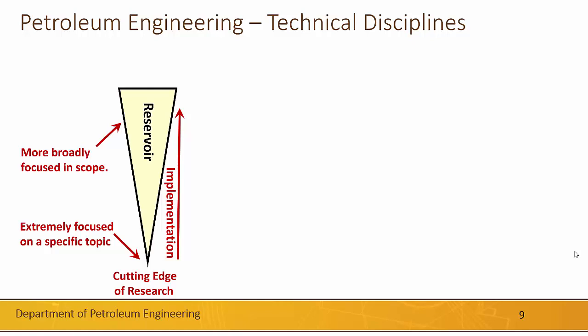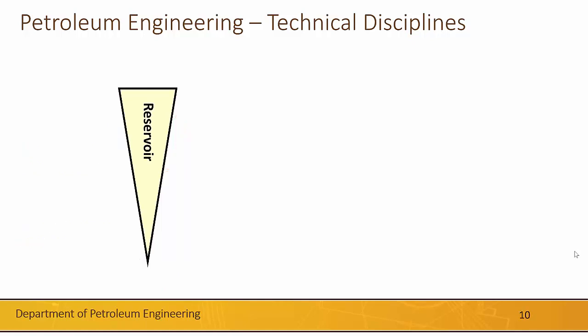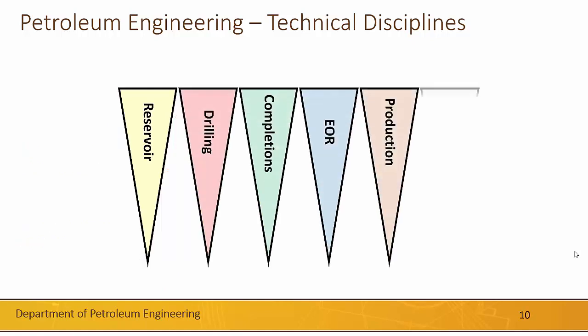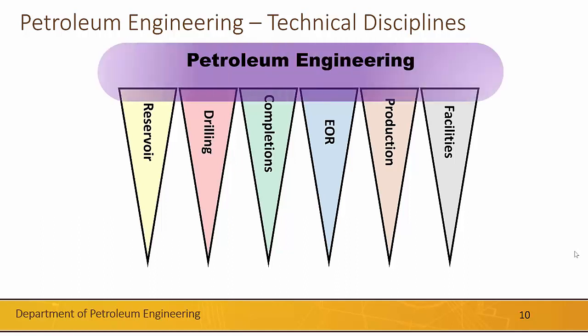But these disciplines are not standalone disciplines, not when we look at all of petroleum engineering. So we will have research that is focused in these different disciplines, and then as we implement them into the industry, they become integrated into petroleum engineering as a whole.